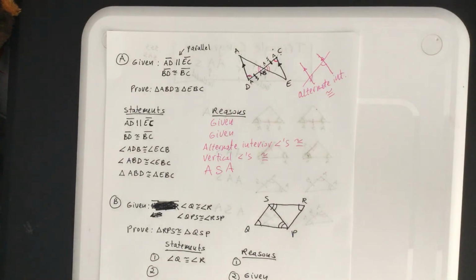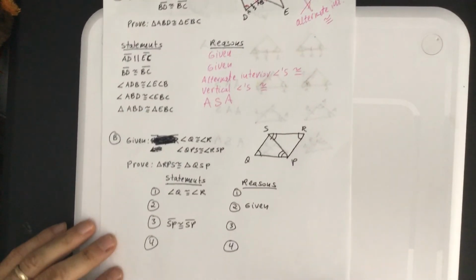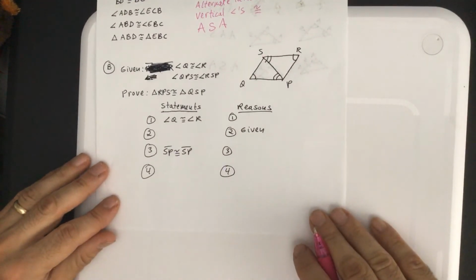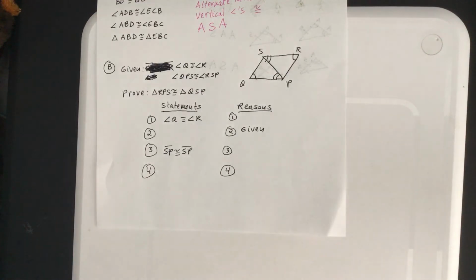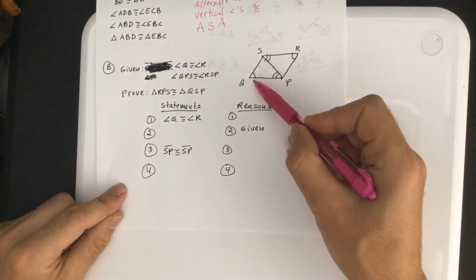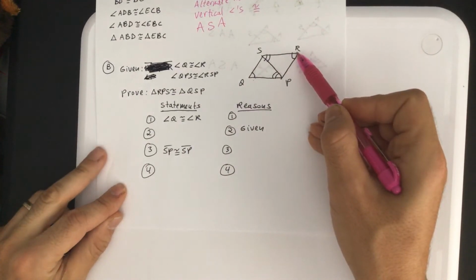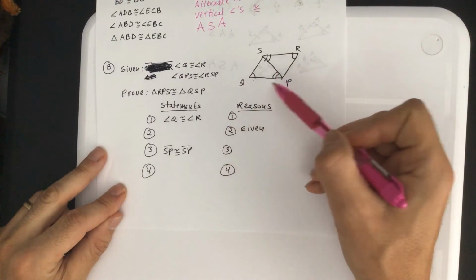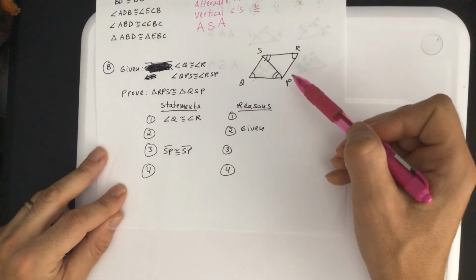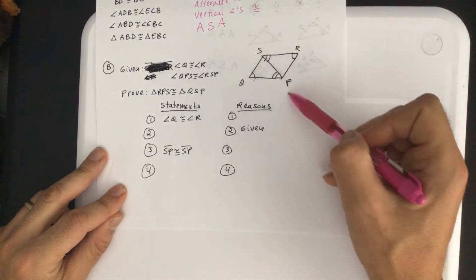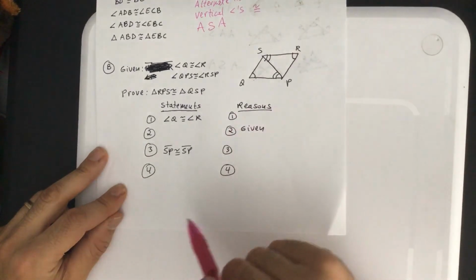All right, let's do another one. Let's move it up. Over here we have, given the following information, angle Q is congruent to angle R, that's the information, and angle QPS is congruent to angle RSP, so these two are congruent to each other.